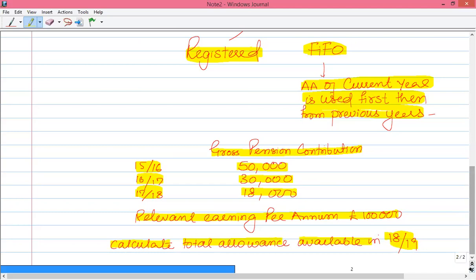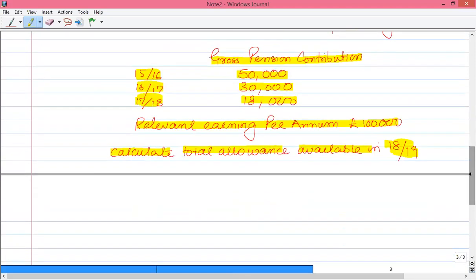So as far as the 15-16 value is concerned, let's check, is there any unused allowance? The contribution is greater than 40,000, so that means there is no unused allowance. While in 16-17, the contribution is less than 40,000, so we have an unused allowance of 10,000.